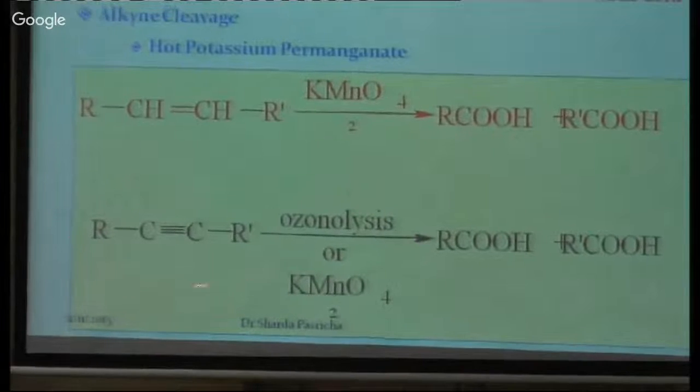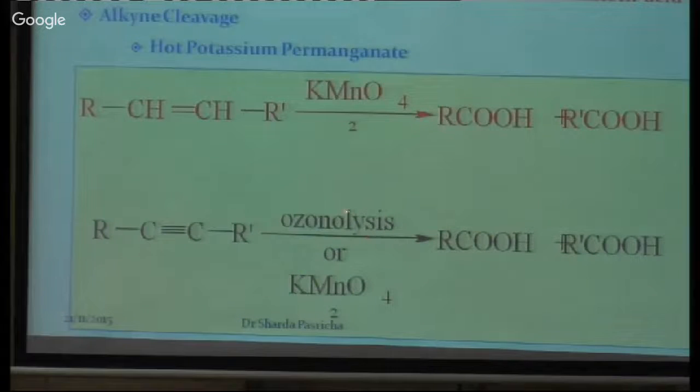Similarly, if you have an alkyne here, again, if you do ozonolysis or oxidation with potassium permanganate in alkali, there is a cleavage taking place across the carbon-carbon triple bond, and you will get carboxylic acids having 2 molecules. Yeah, two molecules of carboxylic acid will be obtained. Okay.